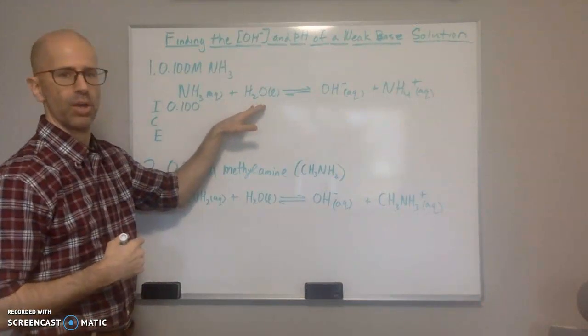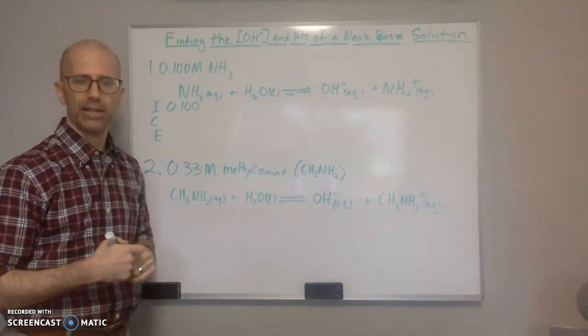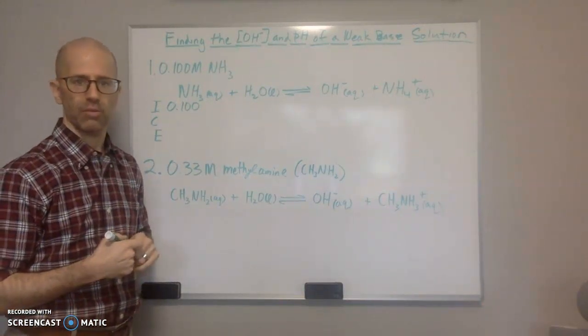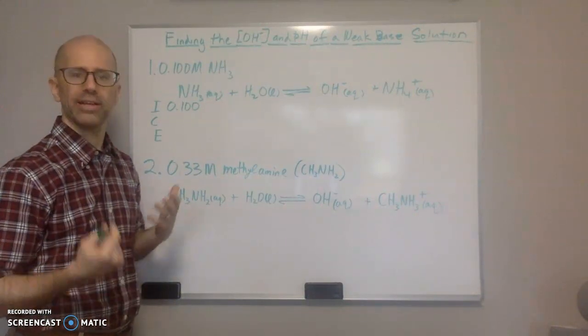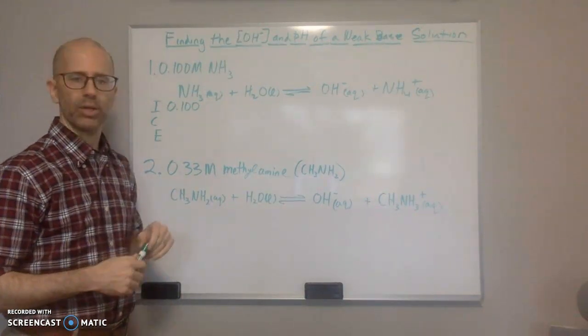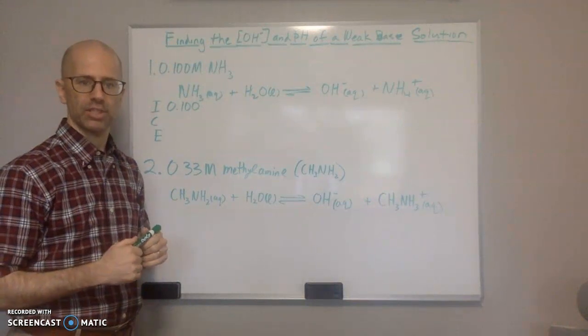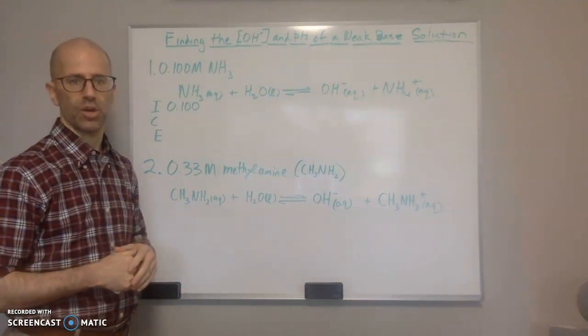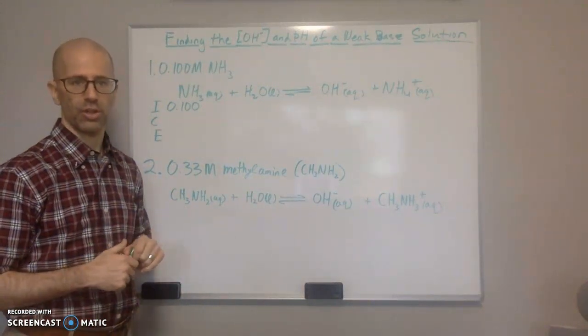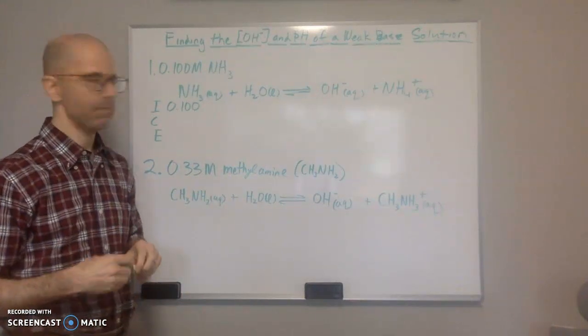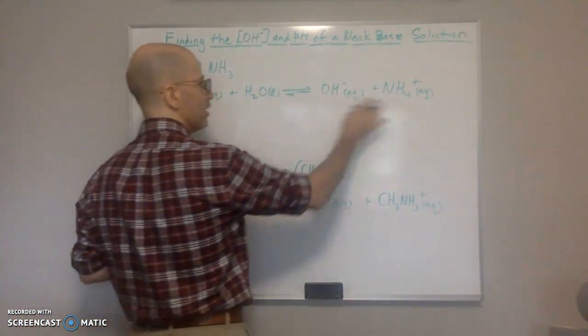There's so much of it that the concentration of the water doesn't change. So in general, we leave liquids and solids out of these expressions, because they don't change their concentration during the reaction. But these will.